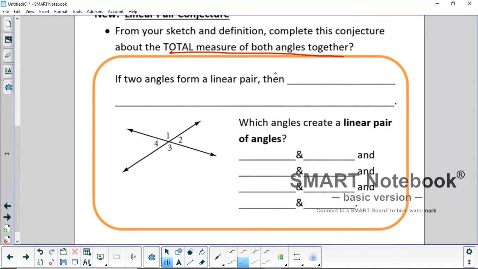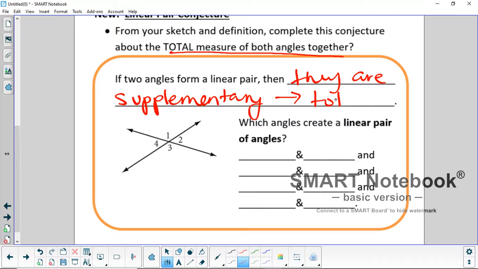So if two angles form a linear pair, then they are supplementary, which means they total 180 degrees.